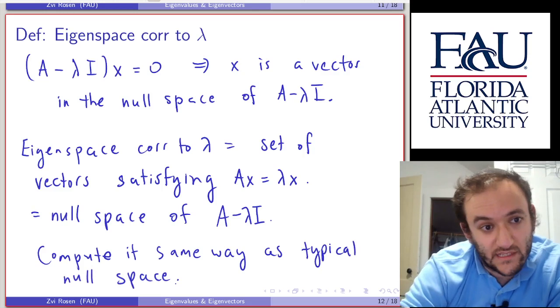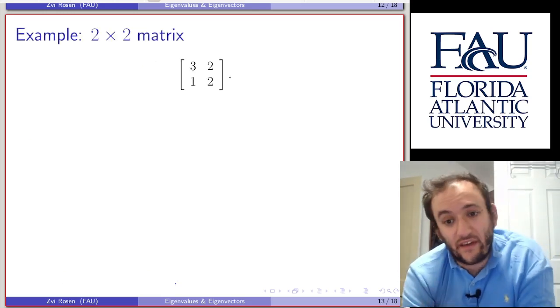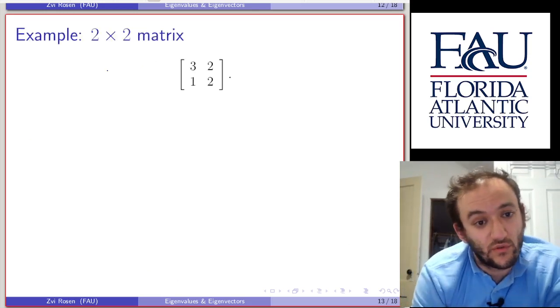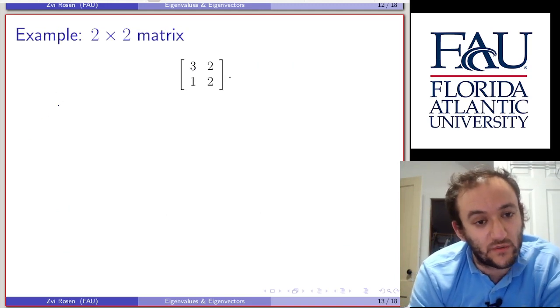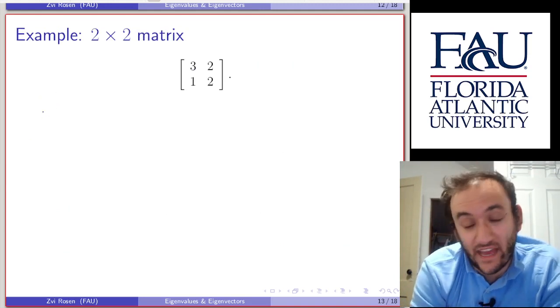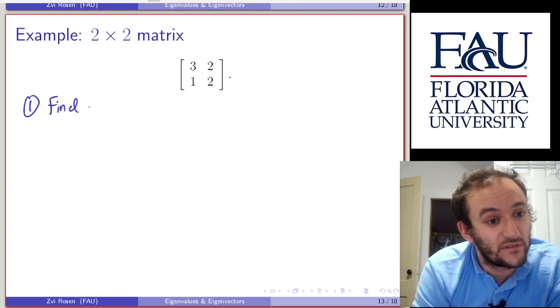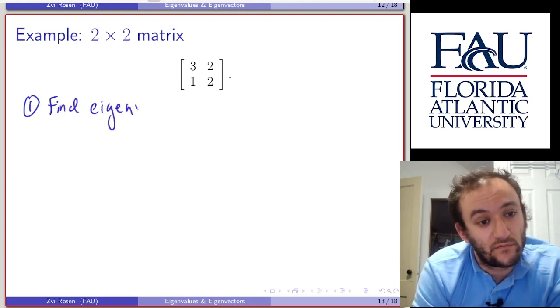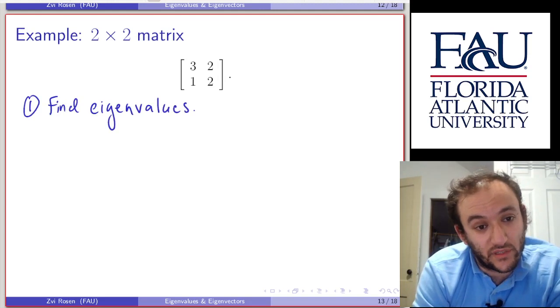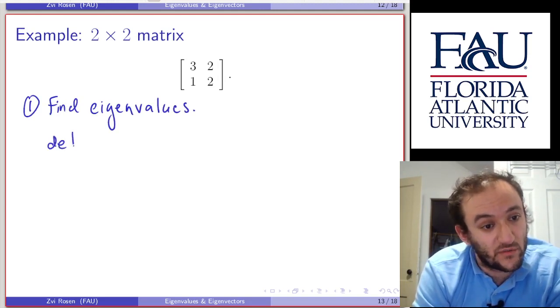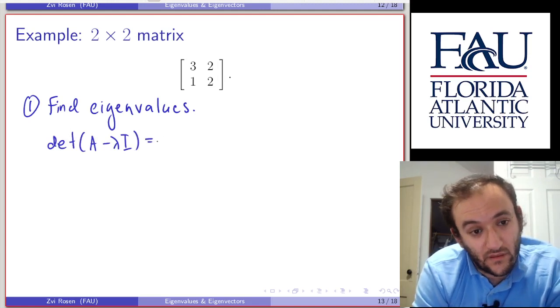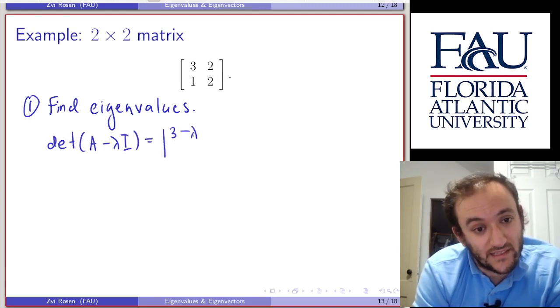Okay, let's see an example. So let's say we have this 2 by 2 matrix, 3, 2, 1, 2. Okay, I don't think we've seen this one before, so we have to find the eigenvalues first. Step 1, find eigenvalues. You plug into the equation determinant of A minus lambda I. In our case, that's 3 minus lambda, 2 minus lambda, 2, 1.